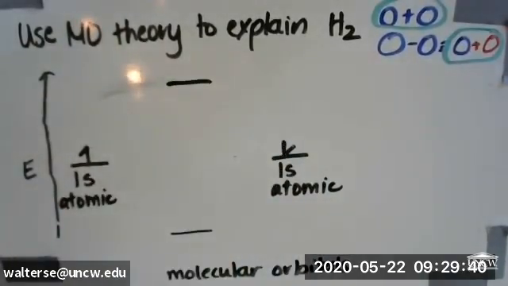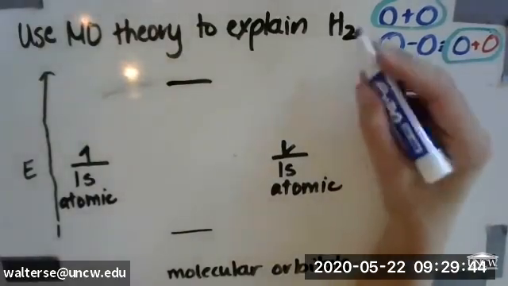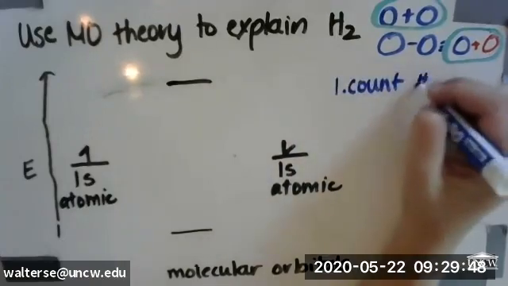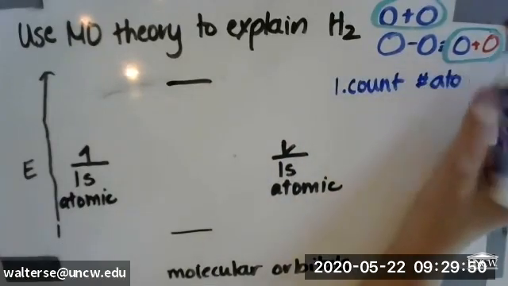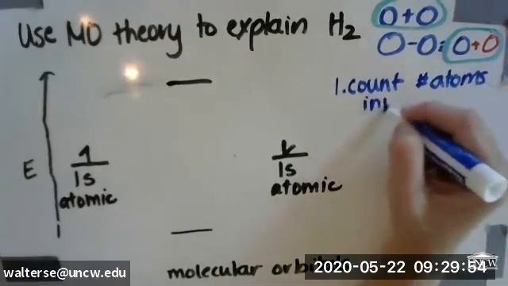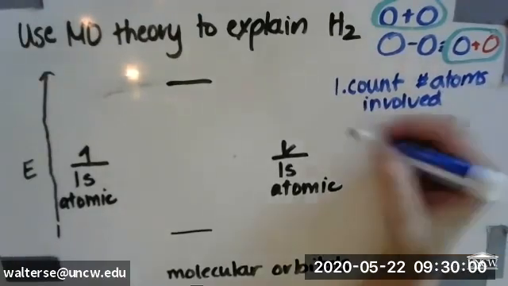Okay. So for molecular orbital diagrams, what you do is you count the number of atoms involved. Okay. For the purposes of what you're going to do.